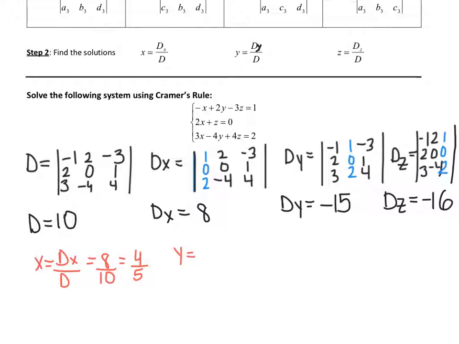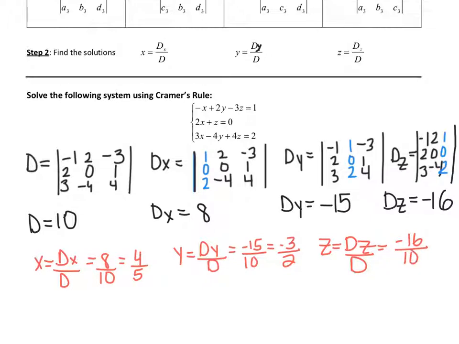Y is d of y over d, so -15 over 10, which is -3 over 2. And z is d of z over d, so -16 over 10, which actually reduces, if you divide top and bottom by 2, to -8 over 5. So my final answer is 4/5, -3/2, and -8 over 5.